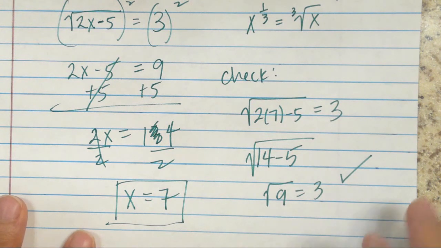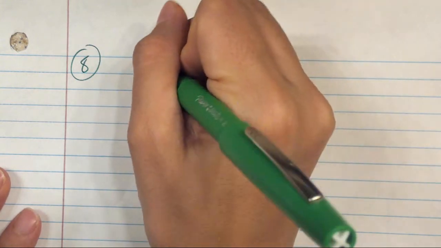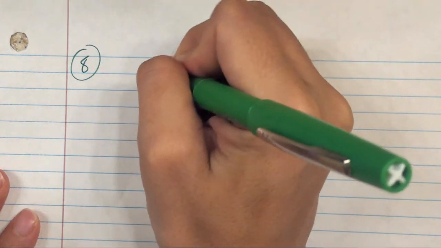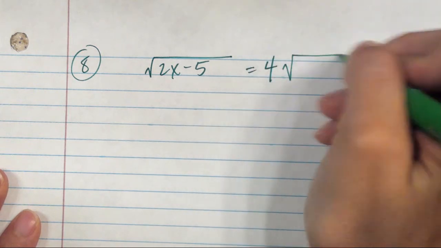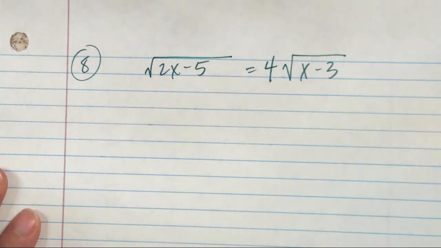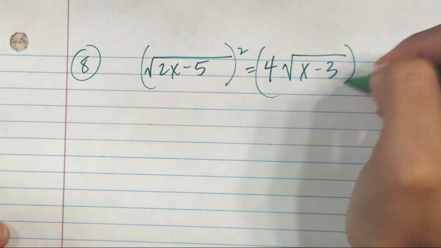Alright, so now we're going to do number 8. Number 8 says we have the square root of 2x minus 5 equals 4 times x minus 3. Now for this problem, I want to square both sides. This one's kind of tricky.